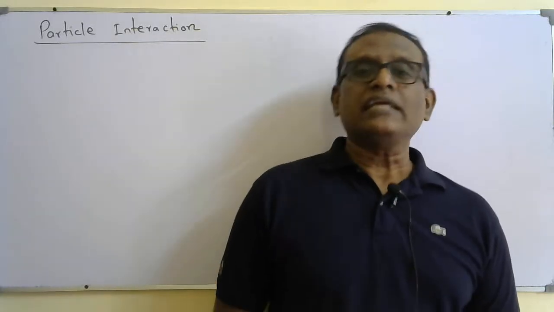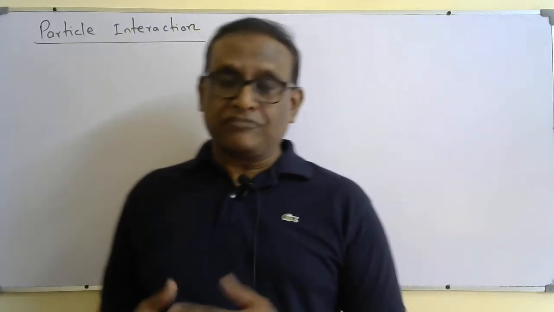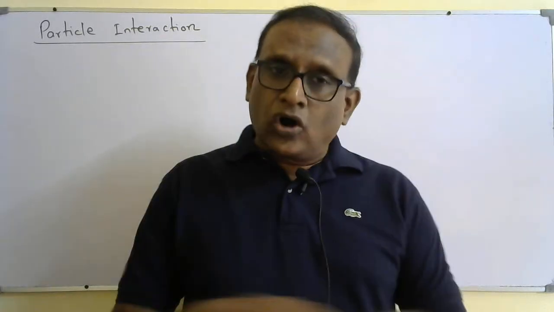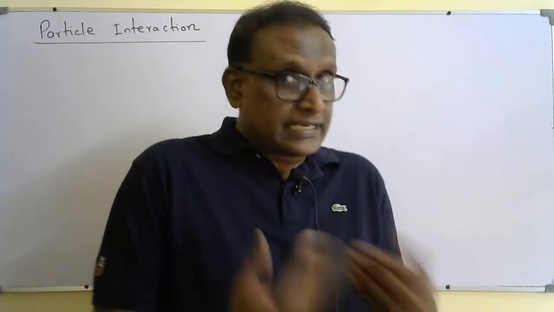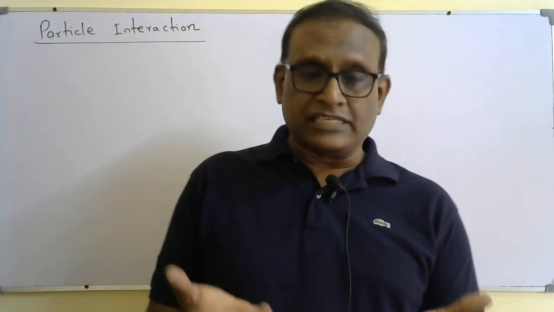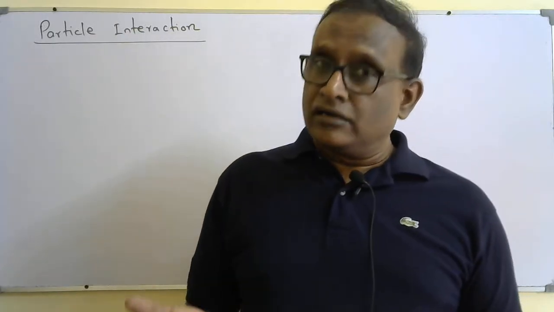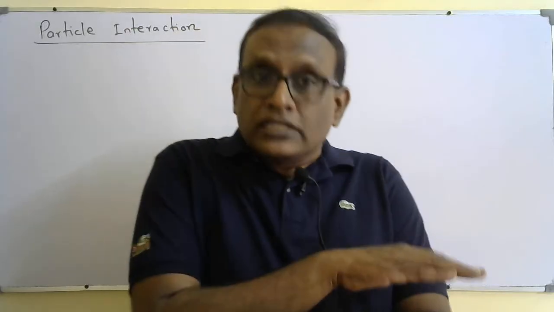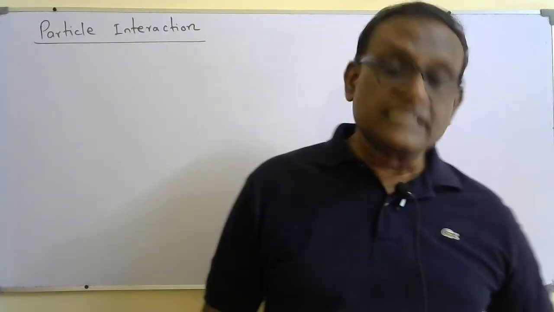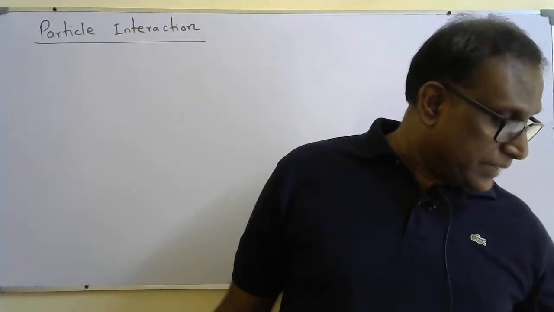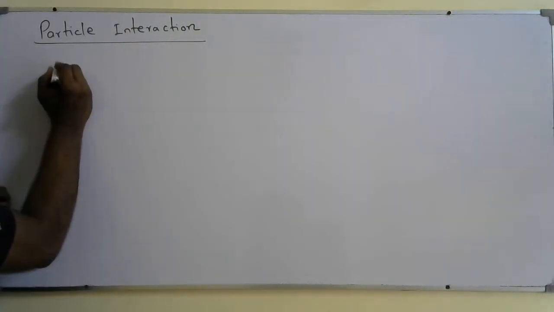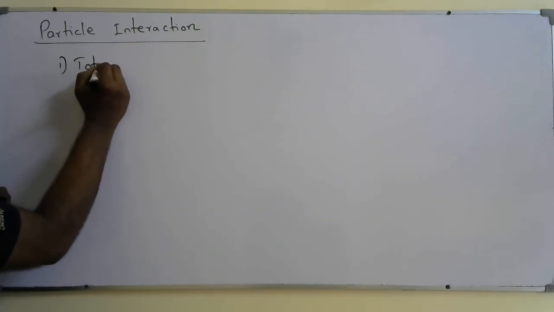How do we conclude whether certain interactions are valid? During all these types of particle interaction, fission, fusion, radioactive decay, annihilation, pair production, certain factors must be conserved. What are they? The first one that must be conserved is total mass energy.